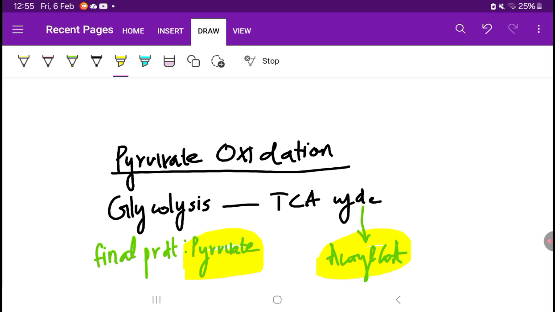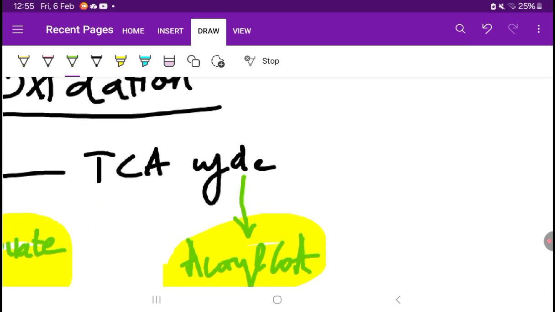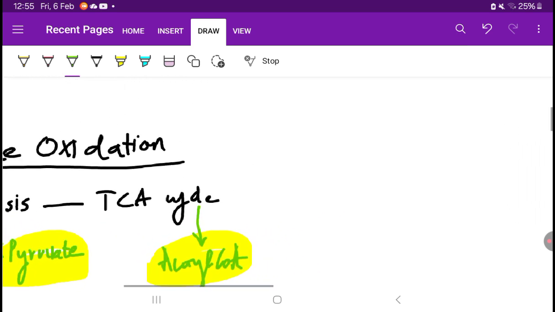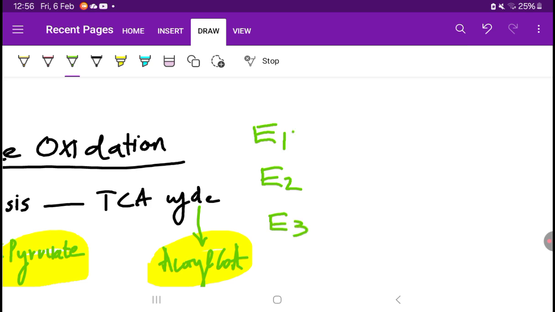It does contain three enzymes: E1, E2, E3. So the first enzyme is called pyruvate dehydrogenase.